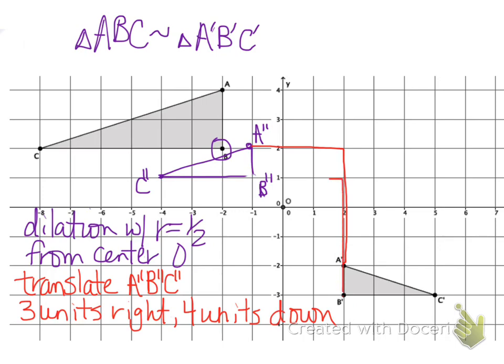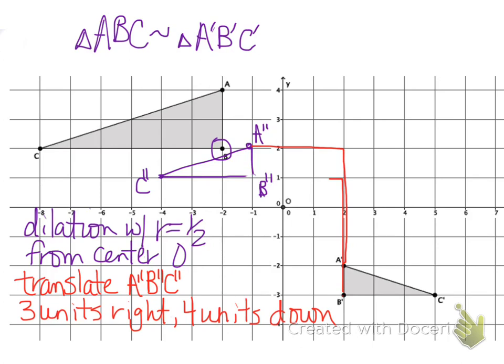Now what happens to C? I'll do it with a pointer here. C is not going to end up over here, is it? It's not going to be on it yet. So C is going to go 3 units to the right and 4 units down. It's going to end up right there.